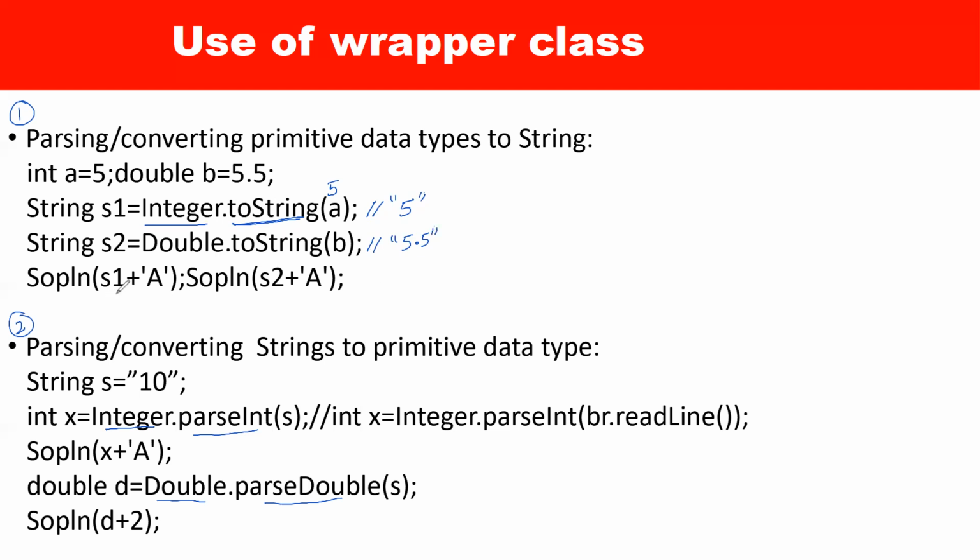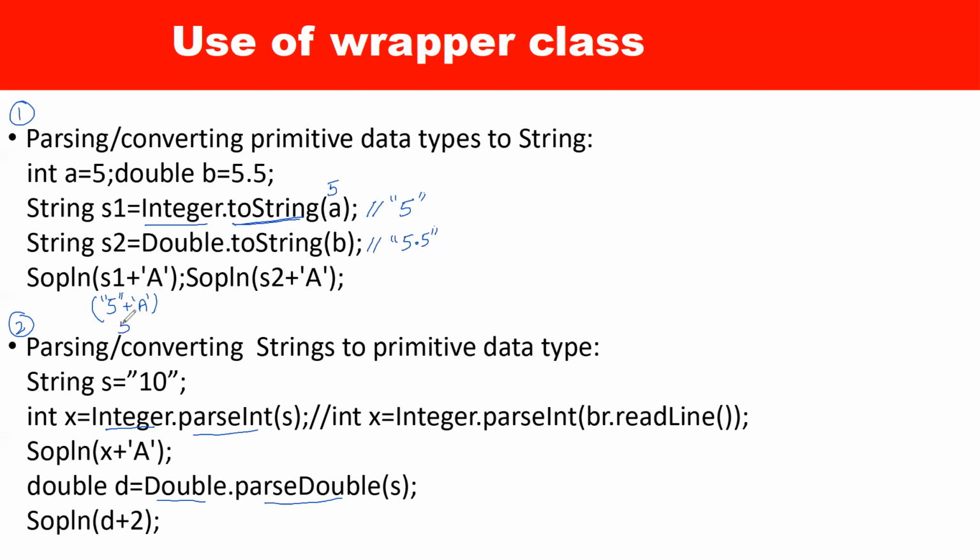And then what you are doing here, SOPLN s1 plus a. So s1 is your string plus a. a is a character. Now both the values are incompatible to each other. So plus will not add them. Plus will not act like an addition operator, but acts like a join operator.